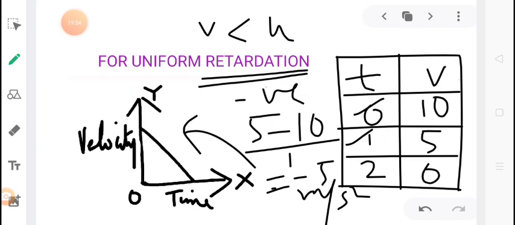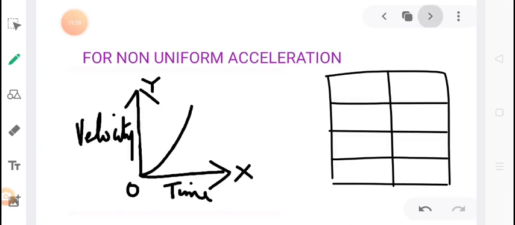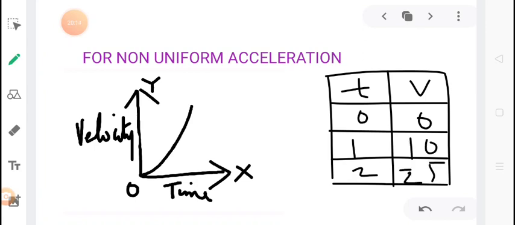Now in both these cases we have considered uniform acceleration and uniform retardation. Non-uniformity is always represented by a curve. Non-uniform acceleration, it is not changing by equal amounts. So in the first second it increases by 10, in the second it increases by 15 meter per second.